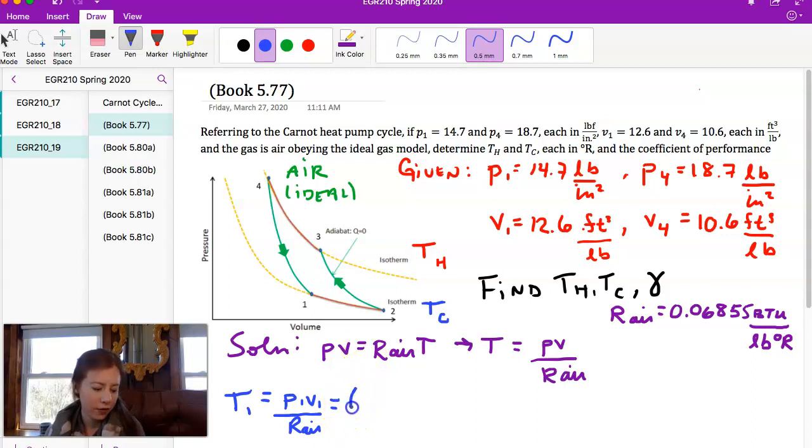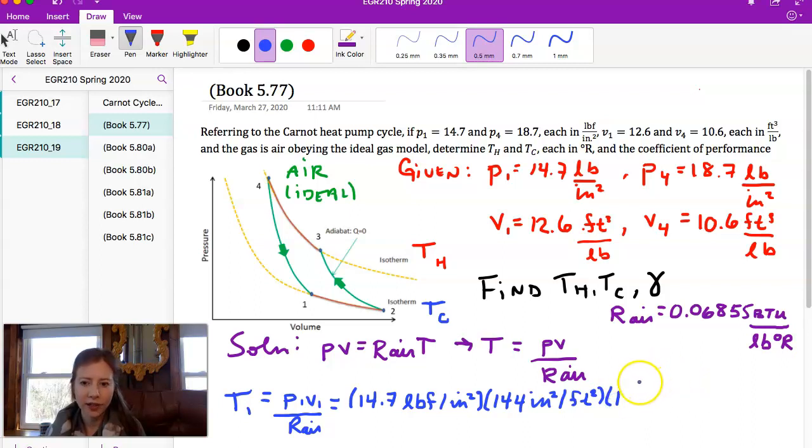So we have 14.7 pound force per square inch times, all right, because we are given volume in cubic feet, we're going to want to convert square inches to square feet, and so our conversion factor there is going to be 144, right, 12 squared, because there's 12 inches per foot, inches squared per foot squared, times 12.6 feet cubed per pound.